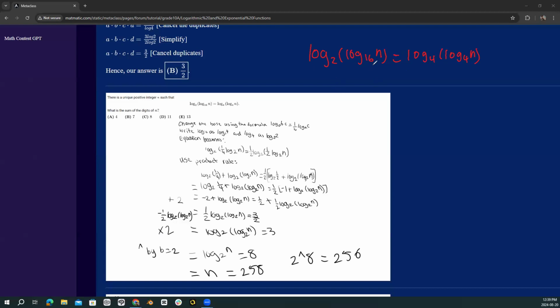But here we have 16, so this part would become log base 2 to the power of 4. And on this side, this would become log base 2 of 2, and inside the brackets on the right side of our equation would also become log base 2 of 2.